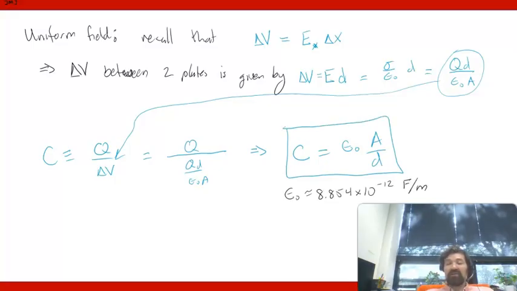This makes sense now of the units for epsilon naught. The commonly used unit is farad per meter. Recall that epsilon naught is related to Coulomb's constant, which is 1 over 4 pi epsilon naught. Since Coulomb's constant has units of newton meters squared per coulomb squared, epsilon naught could have units of coulomb squared per newton meter squared. As you can see, farad per meter is a much easier unit to use.